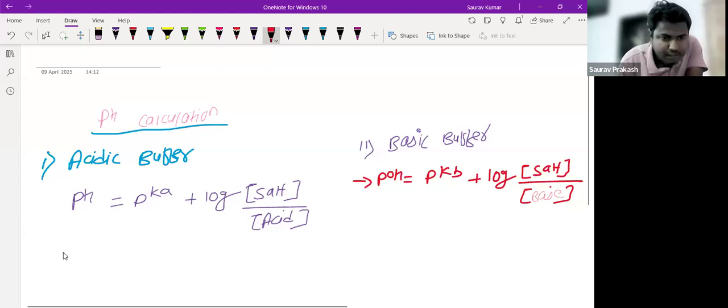This equation is also known as Henderson's equation.